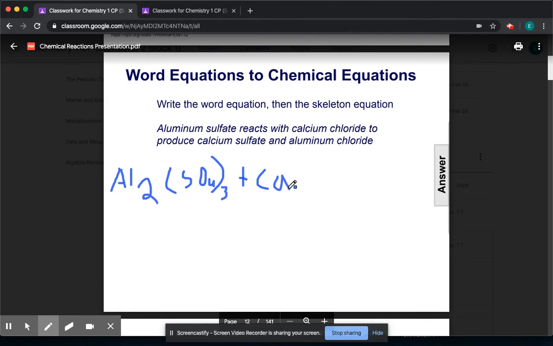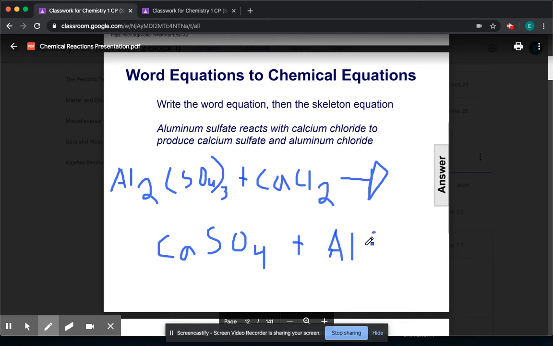Calcium chloride is CaCl2, to produce, arrow. What does it produce? Calcium sulfate, which should be CaSO4, plus aluminum chloride, which would be AlCl3. And that would be the answer to this one.